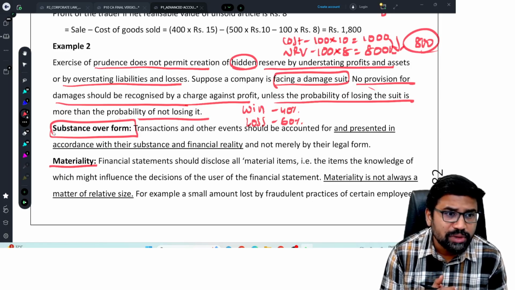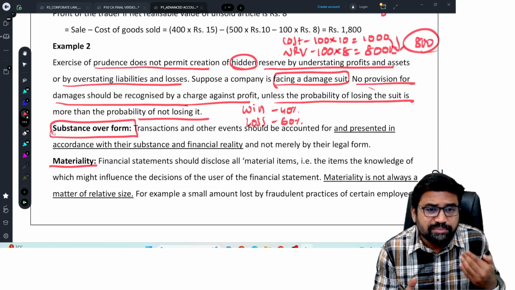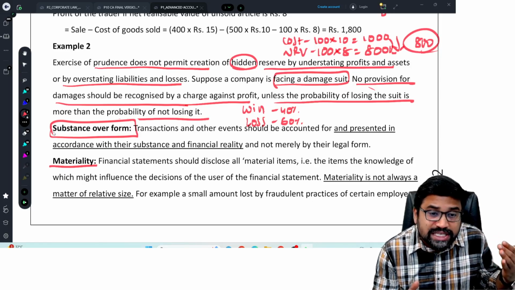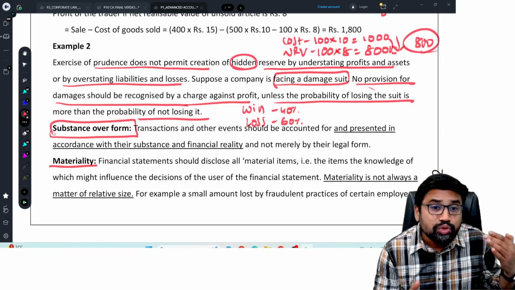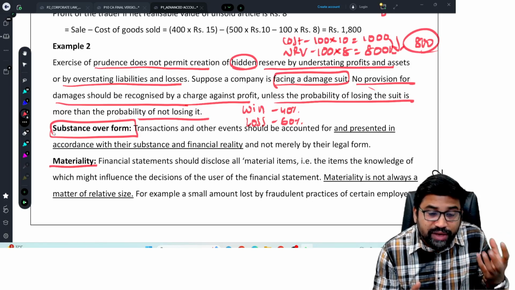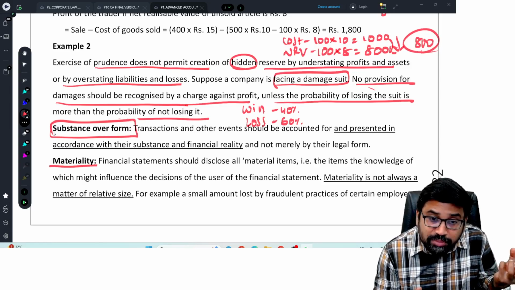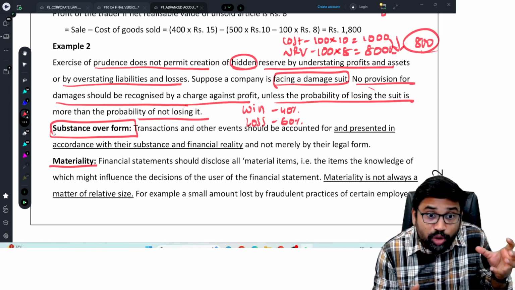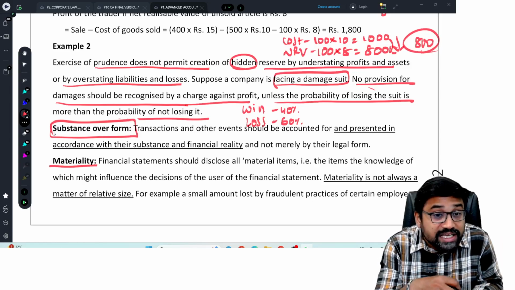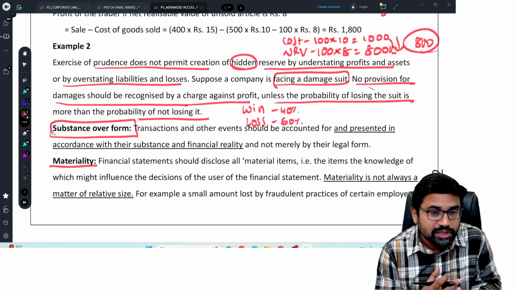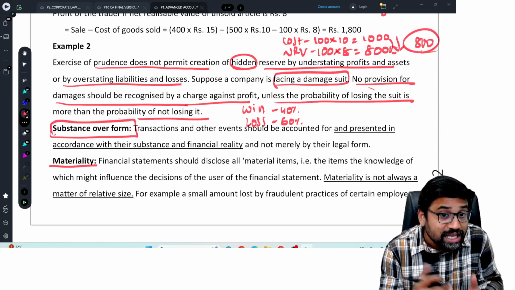The best example could be, suppose we purchased a property. When you purchase a property, you have to see whether that property is in your control. Are you enjoying the returns of that property? Whether you are controlling the future economic benefits of that property, if it is so, then that property will be your asset. You can recognize it in your books, even though legally you may not be the owner. In accounts we don't see legal ownership.